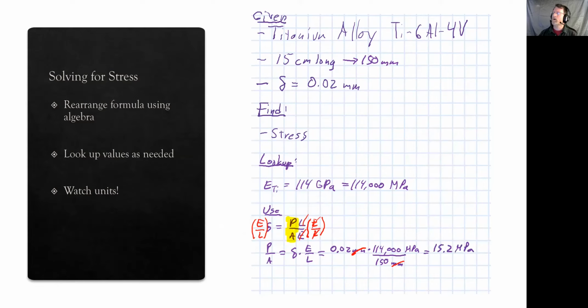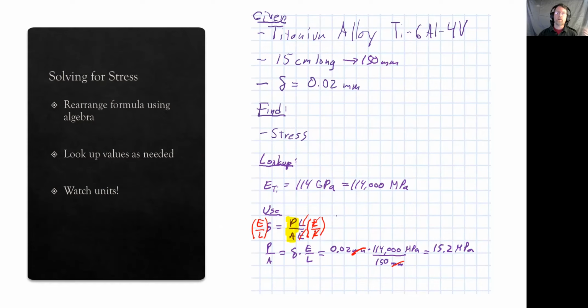So we found out the stress on our sample here just using the length and the deflection and the fact that we knew that it's titanium alloy. So we did not need to know the actual force or the area.